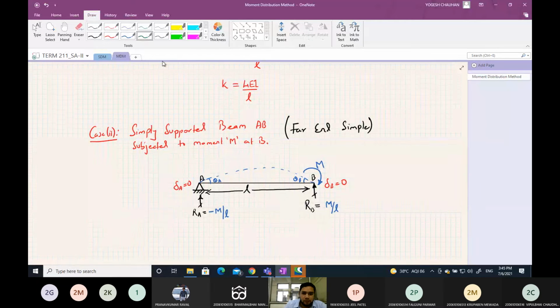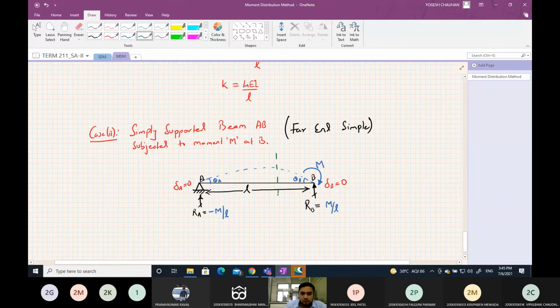Now same as earlier, let us consider a section XX which is at a distance of x from B. So the moment at this section Mx will be equal to minus RB into x plus M. Now what is RB?